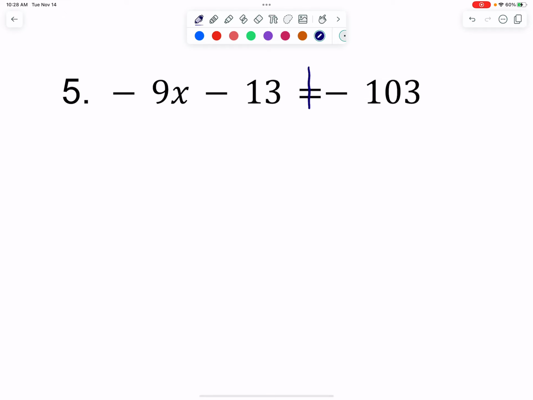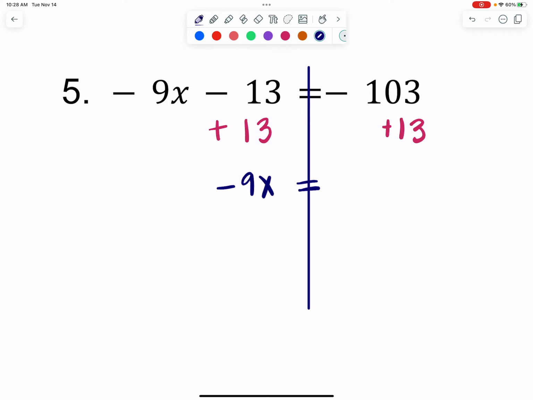For 5, we don't have any more operations that we need to do. We don't have a distributive property, but we do have a whole bunch of negatives. So as I look through this, the first thing I notice is that in order to get rid of the best friend's friends, we are going to add 13 to both sides. So on the left, you have negative 9x is equal to negative 90.